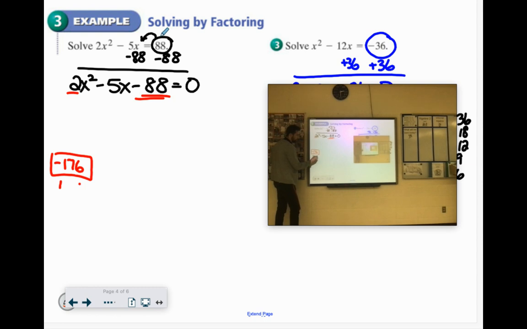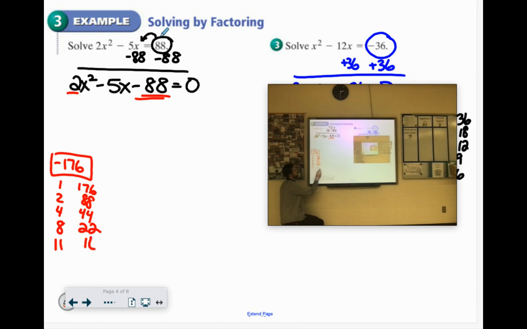So we can start with 1 and 176, 2 and 88, 3, no, 4 times 44, 5 does not go in there, let's see, 6, no, 7, no, 8 and 22, we're getting closer, we need them 5 apart, 9, no, 10, no, 11, 12 might go in there, 11, oh, 11 goes in there. 11 times 16, and that's our set.